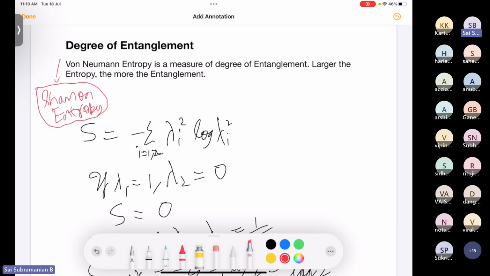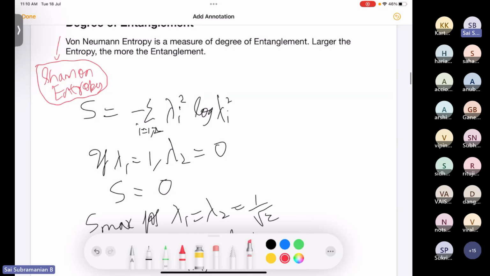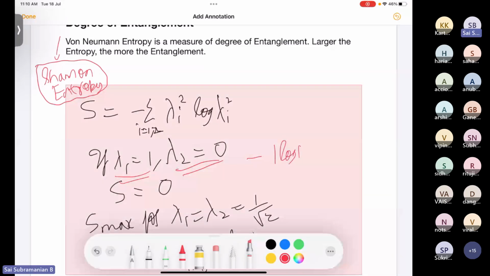So why this definition? Well, it is motivated by information theory. I'm not going into that here, but I'll give you a couple of examples to see why it works. So let's say we have a product state. I told you product state, the two qubits have no entanglement. So let's say lambda 1 is 1, lambda 2 is 0. Then it is a sum of minus 1 log 1 and minus 0 log 0.